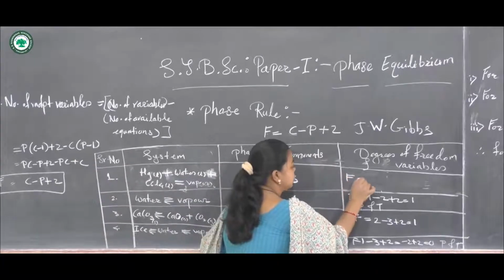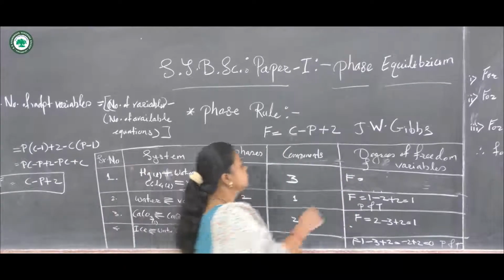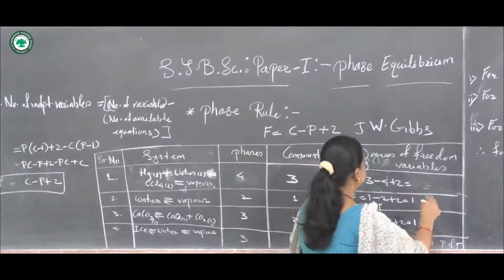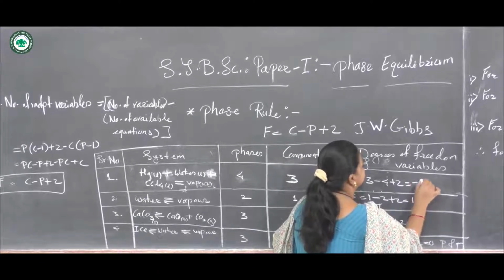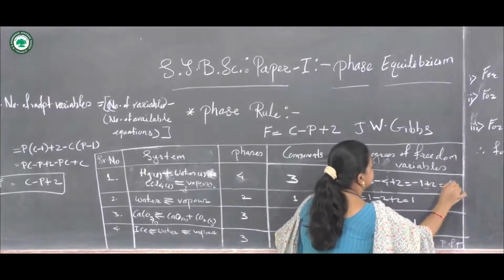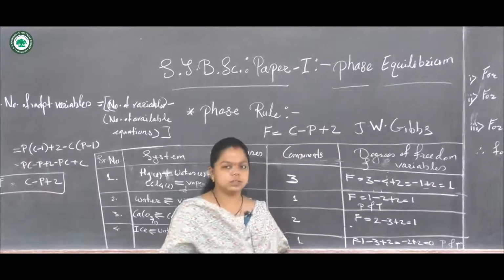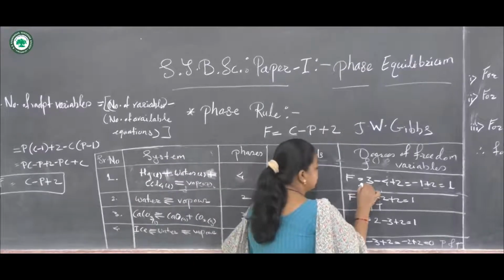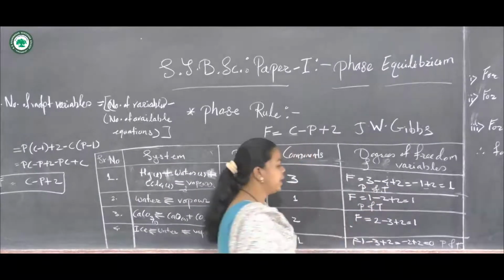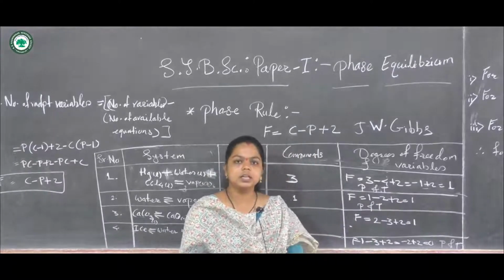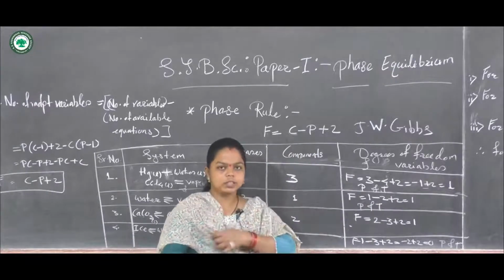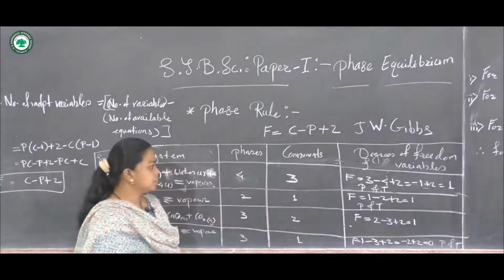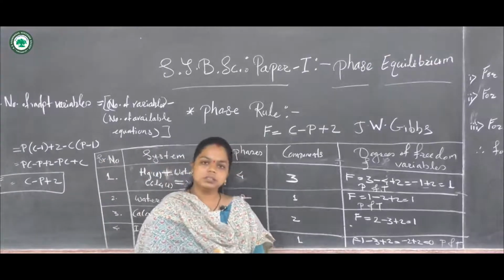We can determine the degrees of freedom for the system: 3 components minus 4 plus 2, so minus 1 plus 2, which gives the value of 1. So a monovariant system is possible for the system at the given pressure and temperature. That is, pressure and temperature are the independent variables given for the system. These are very important examples which can be discussed for the degrees of freedom.